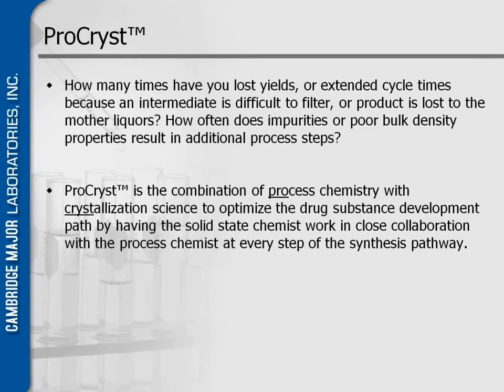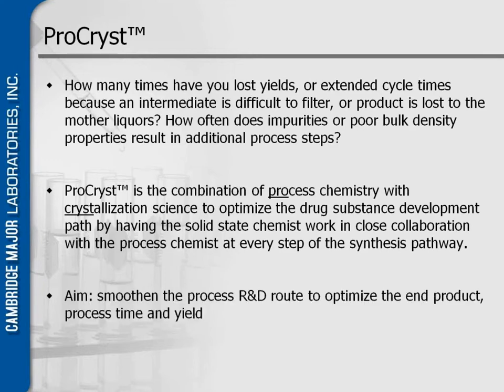You can improve the chemistry and you can improve the solid state. So the aim is to smoothen this R&D route to optimize the end product, but also have a look at what is the process time, what is the yield, other things that are important, depending on what you need to improve there.